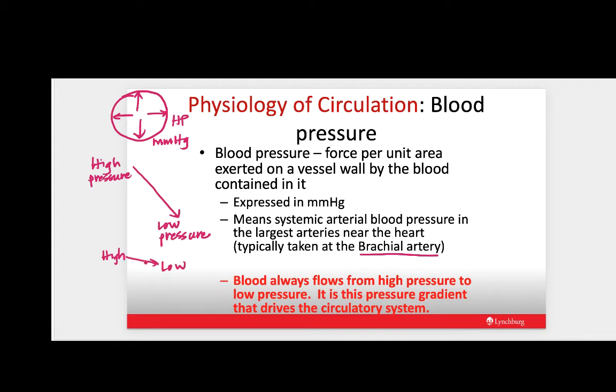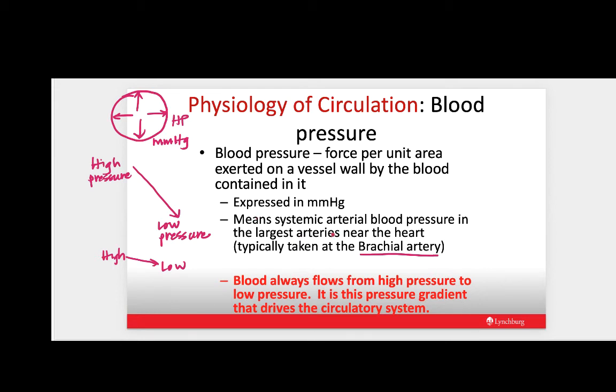This slope is much less than this slope, right? So this is going to have more of a pressure gradient, more of a difference between high and low. This is going to have less of a difference between high and low, so less of a pressure gradient. And that's going to come into play when we look at blood flow and velocity through the circulatory system.